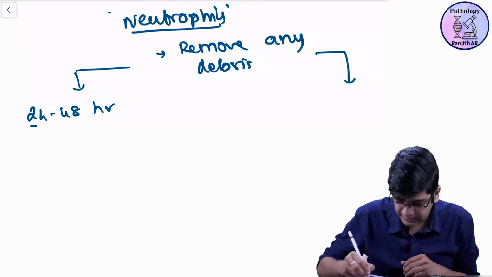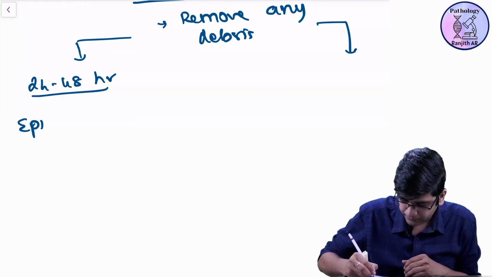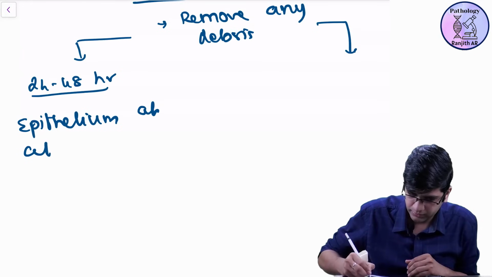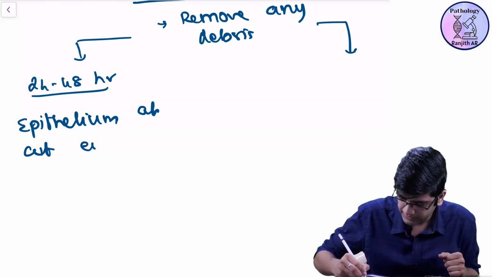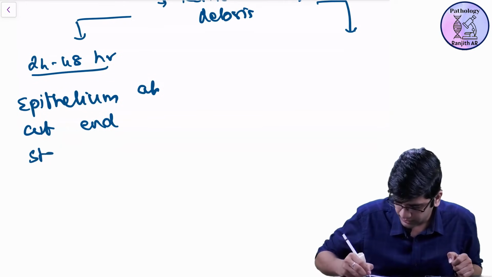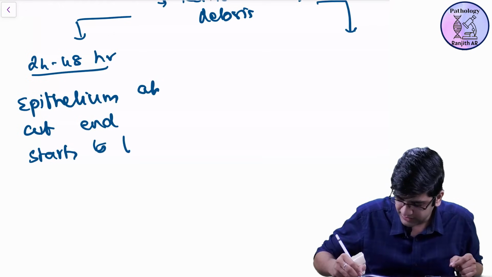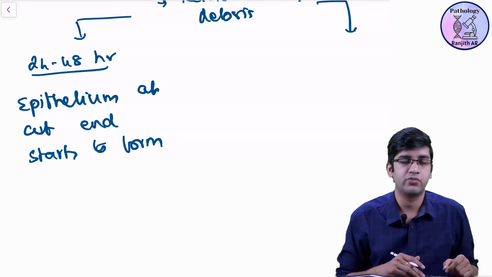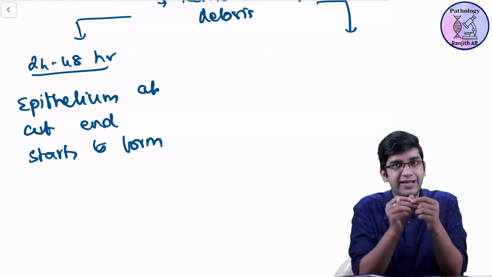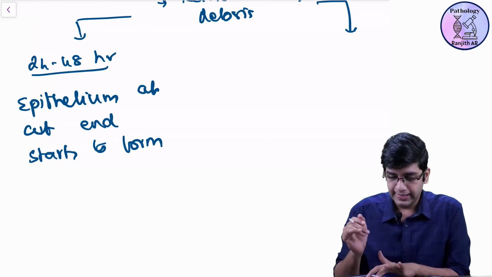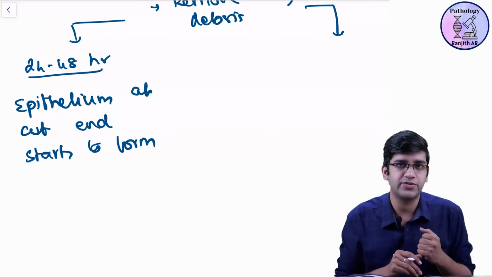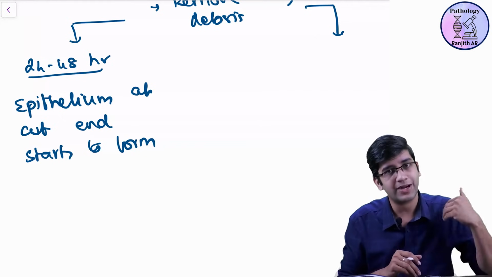Around 24 to 48 hours, my epithelium starts to form slowly at the cut end, so that my scab slowly will be constricted and will fall off in some time. And around the same time, my macrophage also slowly comes inside, after 24 to 48 hours.